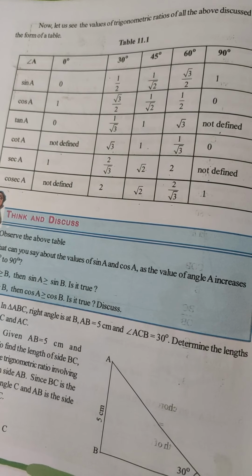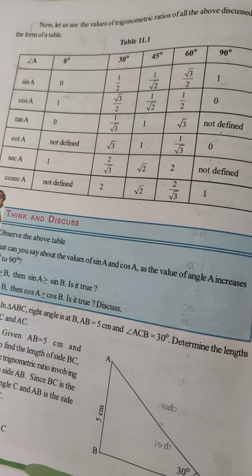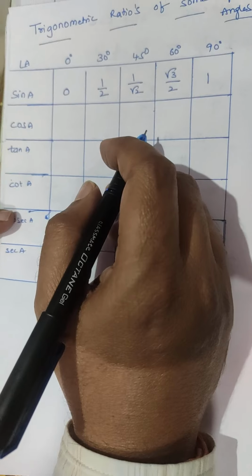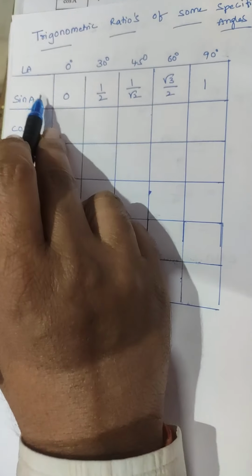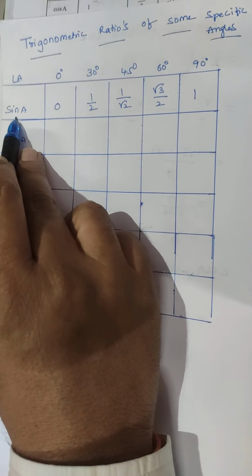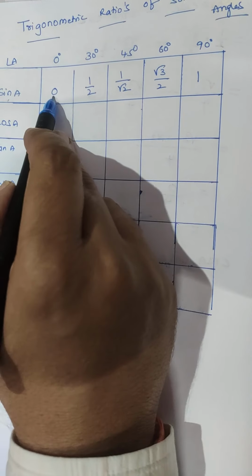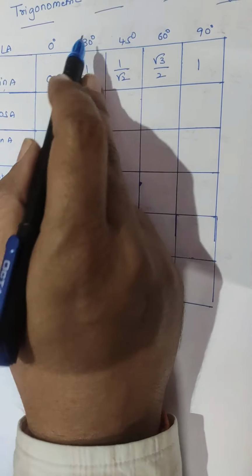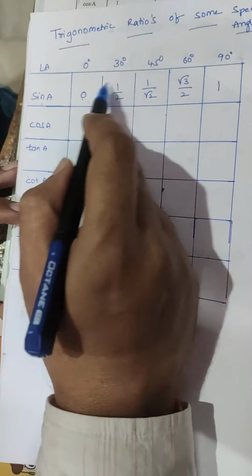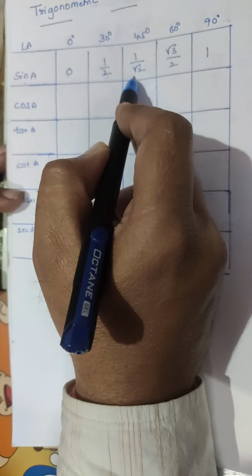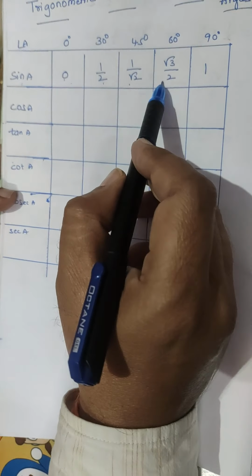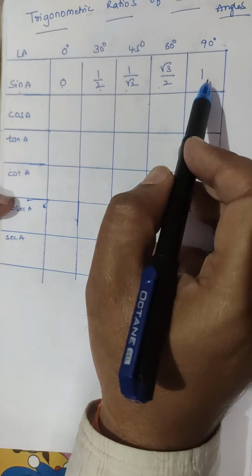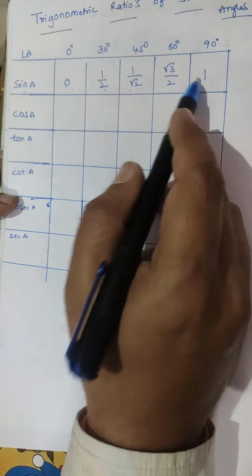Let us show how. First, learn the values of sine A. Sine 0 degrees is 0, sine 30 degrees is 1 by 2, sine 45 degrees is 1 by square root 2, sine 60 degrees is square root 3 by 2, sine 90 degrees is 1, that is in increasing order.